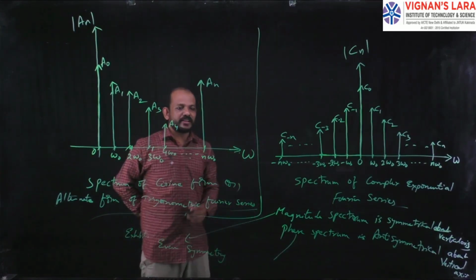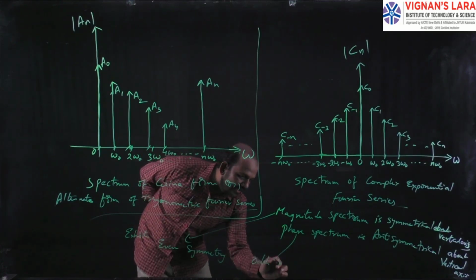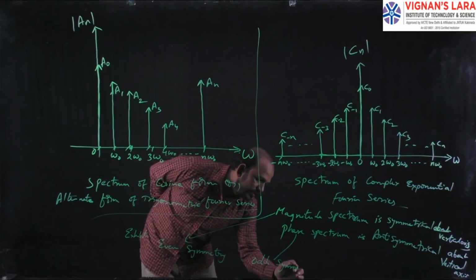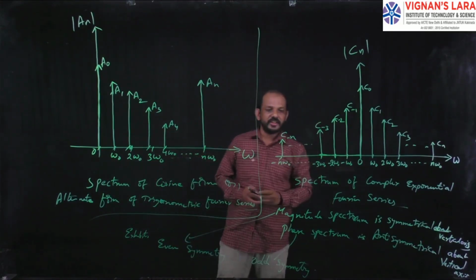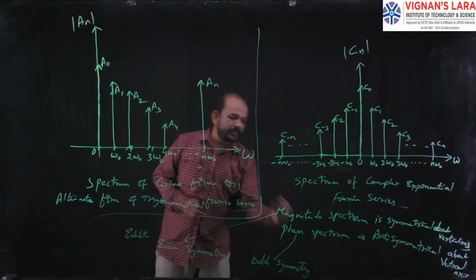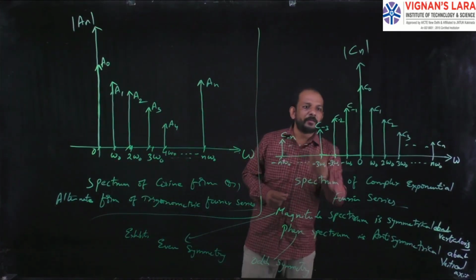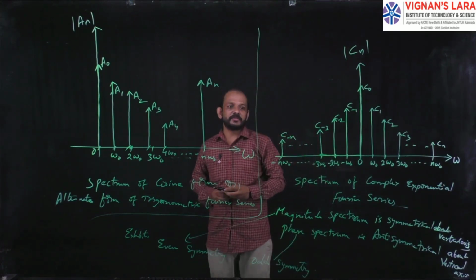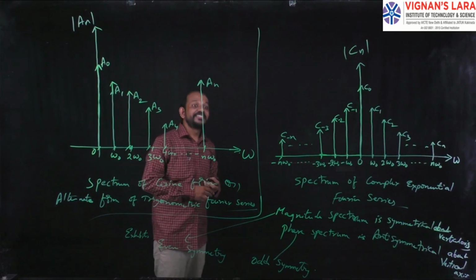And this phase spectrum exhibits odd symmetry because it is anti-symmetrical about the vertical axis. So simply, the magnitude spectrum exhibits even symmetry and the phase spectrum exhibits odd symmetry. So this is completely about the complex Fourier spectrum, and we can go for the complete analysis of it.